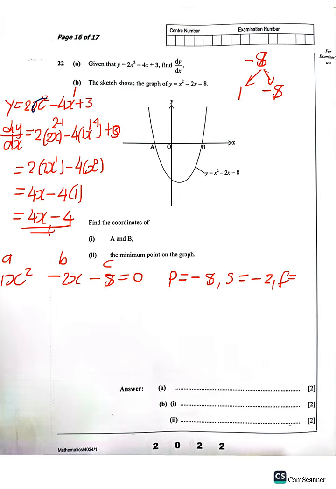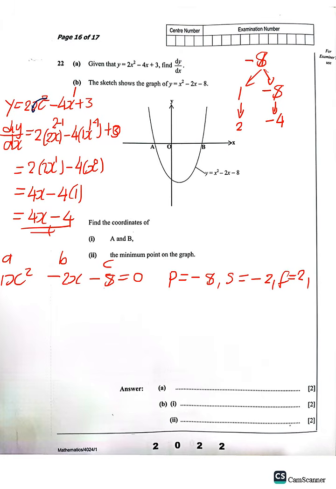Let's try 2. So we can divide 2 into -8 is -4. So let's try 2 times -4 is -8. 2 plus -4 is -2. So we're able to get the product and the sum. So 2 and -4 are the factors that we are solving for.